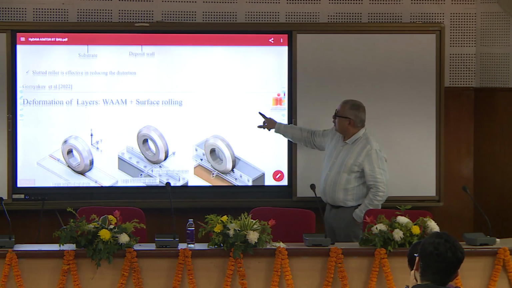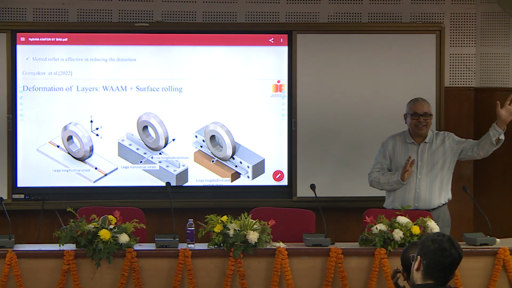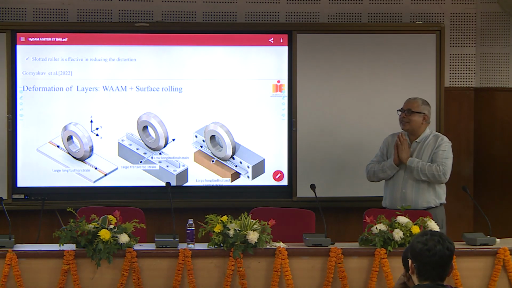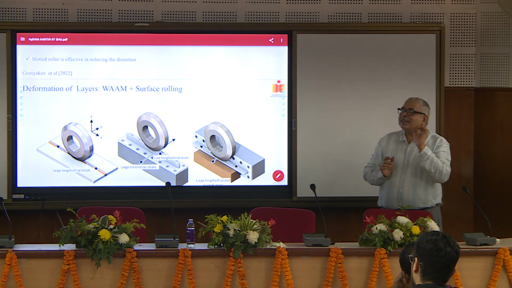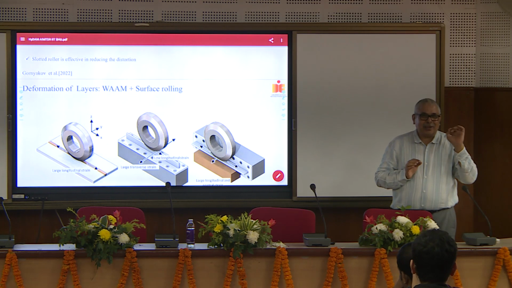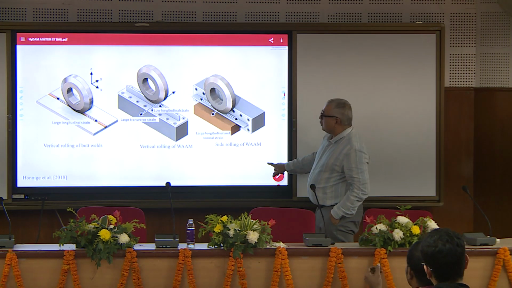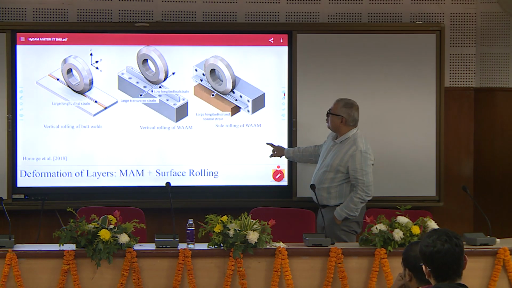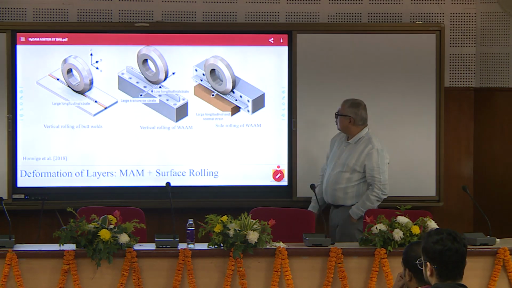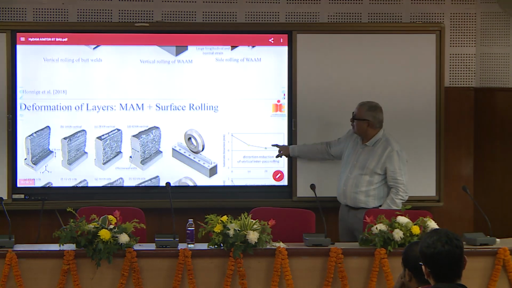Now you cannot think of this as rolling of metal sheet. Although you are using the same concept, this is very micro-domain rolling compared to that. Now people have done all sorts of things: vertical rolling of butt welds, vertical rolling of WAM, side rolling of WAM, and compared all those.